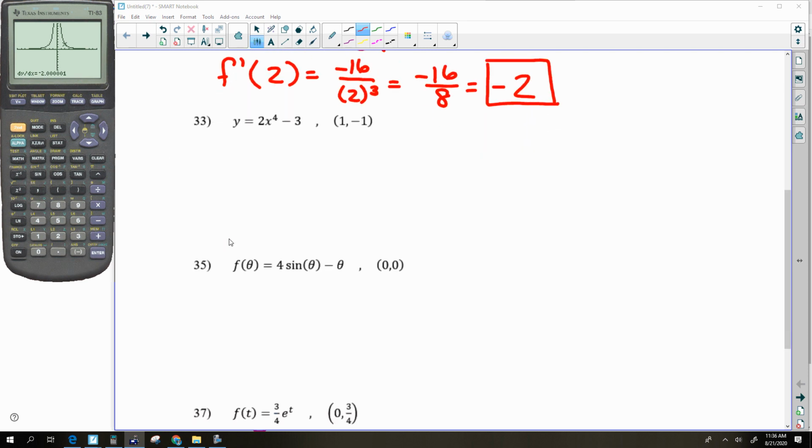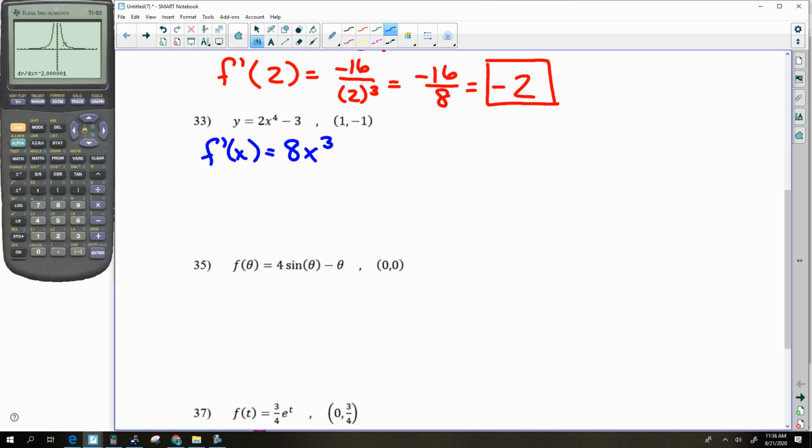All right, let's go ahead to number 33. y is the same thing as saying f of x. So y prime is the same thing as f prime of x. Actually, I'm going to say f prime of x, it's a little bit easier. The derivative of that: the 4 multiplies down, reduces by 1, and the -3 goes to a 0.